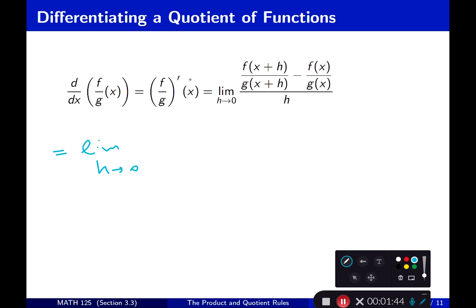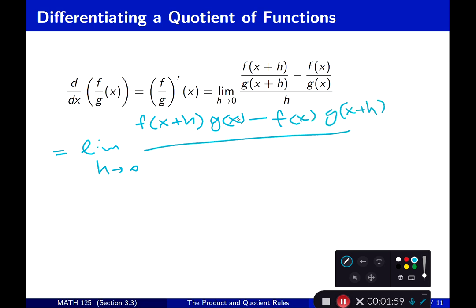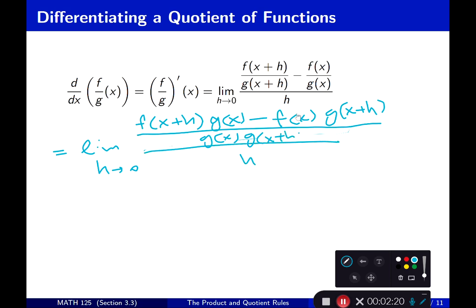And here, a common denominator gives you f of x plus h times g of x minus f of x times g of x plus h, divided by the common denominator, g of x times g of x plus h, all divided by h.